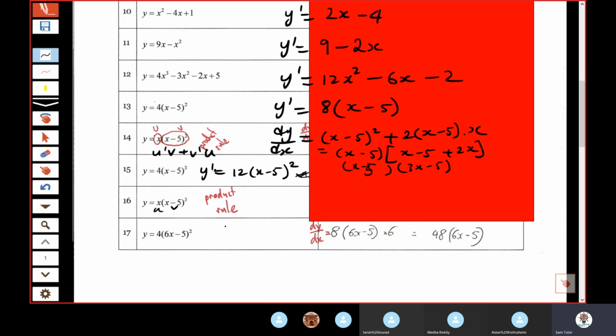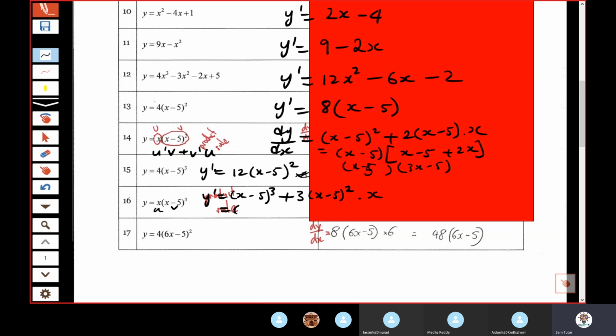Product rule, 2 x's, so y dash becomes u dash v, derivative of x is just gone, so x minus 5 cubed plus v dash times u. Again, what's common in both of them?